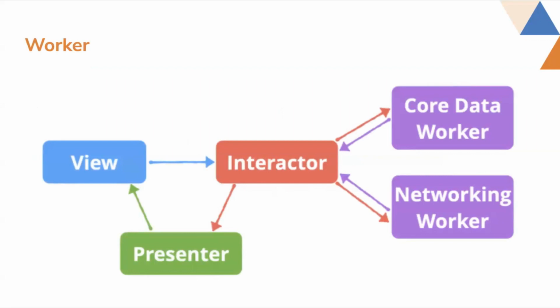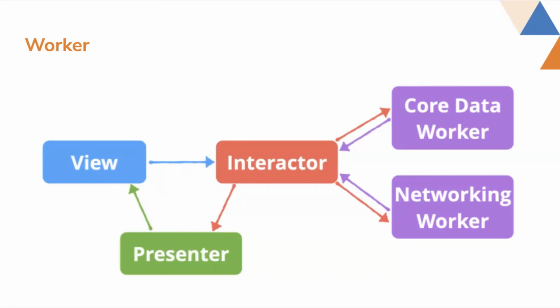So it is the job of the interactor to communicate with the worker. So if the worker is fetching data locally, then we have to create a worker that will communicate with the core data. So it will have all the operations related to the core data.